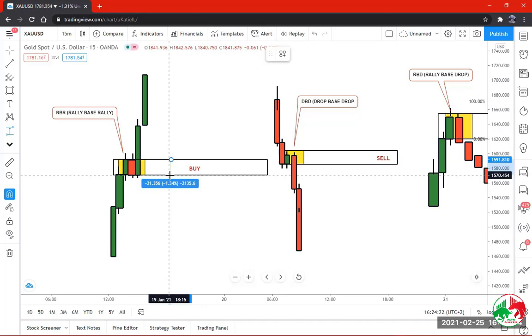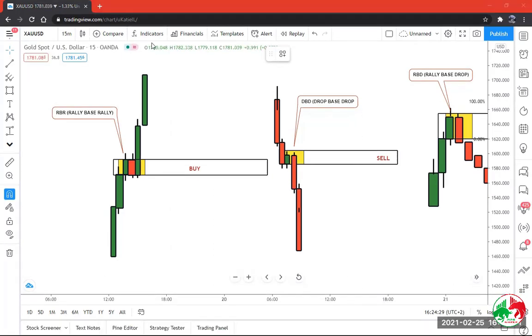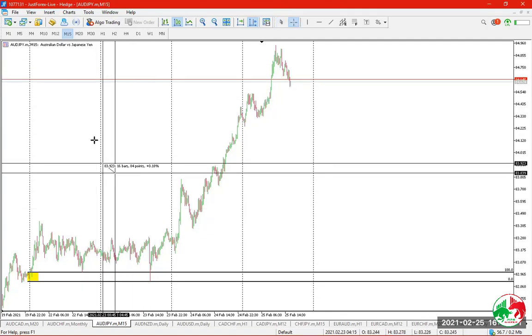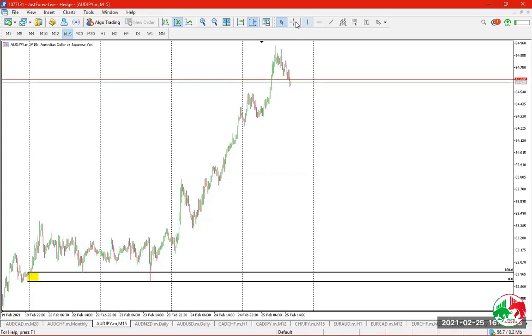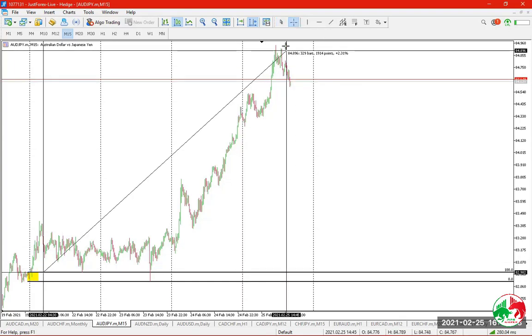Actually, I just use the ruler. This tool here, you see this? This is what you use for counting pips, right?